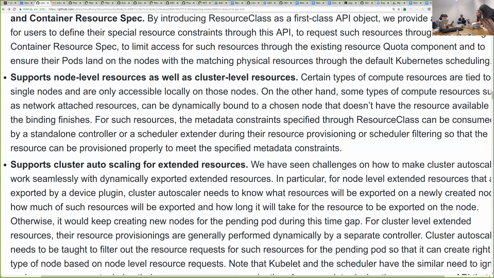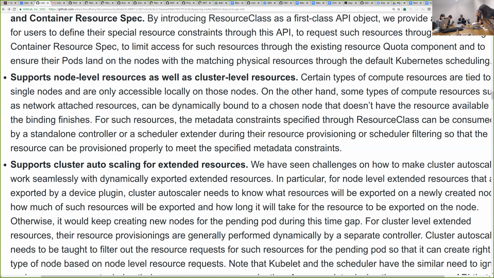In the longer term, we want to support node-level resources as well as cluster-level resources. Currently, we don't have a good way to differentiate cluster-level resources from node-level resources. In the past couple of releases, we added some workarounds in kubelet and in cluster autoscaler.